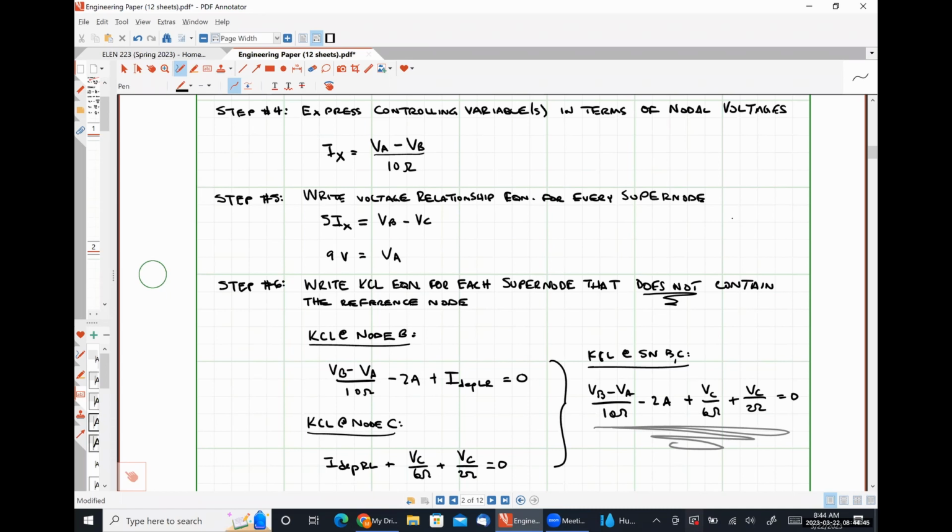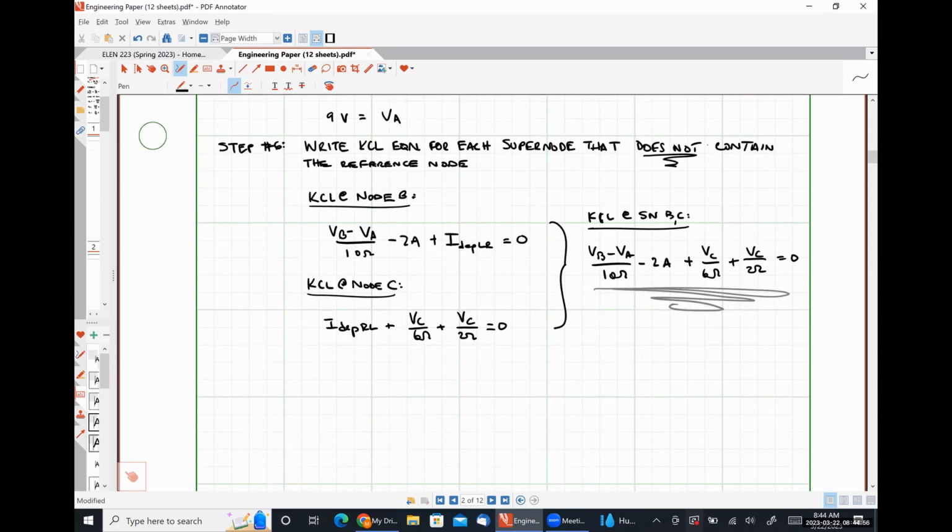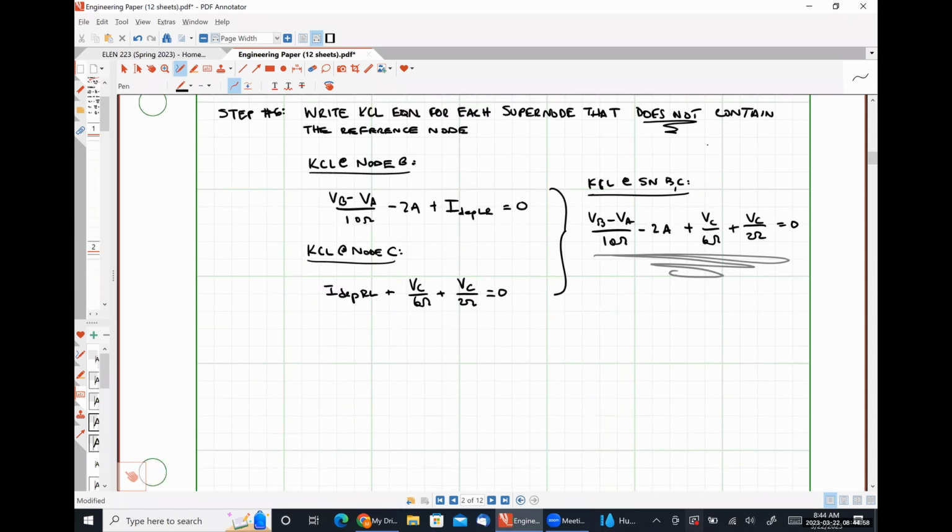We have exactly 3 equations for exactly 3 unknowns. And well, actually we have 4 equations for 4 unknowns because Ix is also an unknown here. If this particular circuit had more nodes, we would include a step number 7.